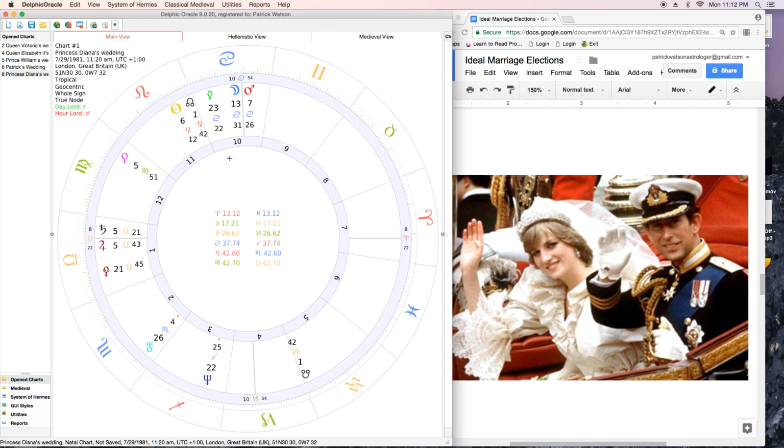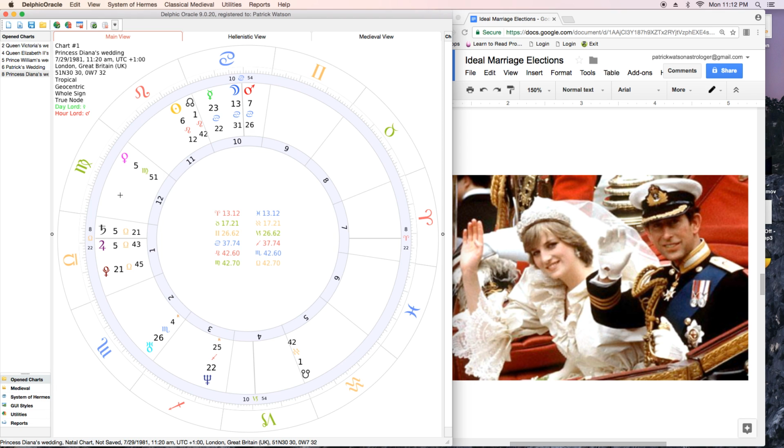So in some ways, it's great, because the ruler of the first is forming an exact aspect with the ruler of the seventh. But the problem is that both planets are in their worst signs, and the planet that rules the whole enterprise is in the 12th, the house of undoing and catastrophe and all this other bad stuff.